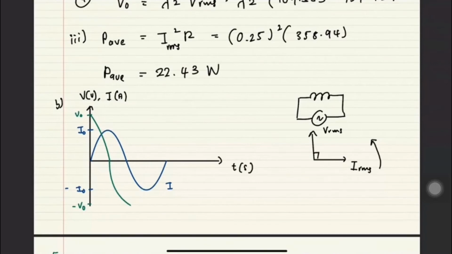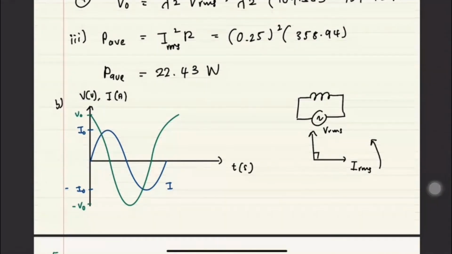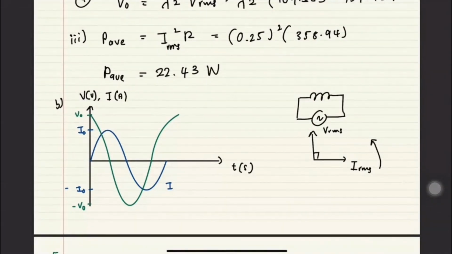Okay, ini cantik lah. And then from here, they end up over there. Okay, understand or not? Understand.